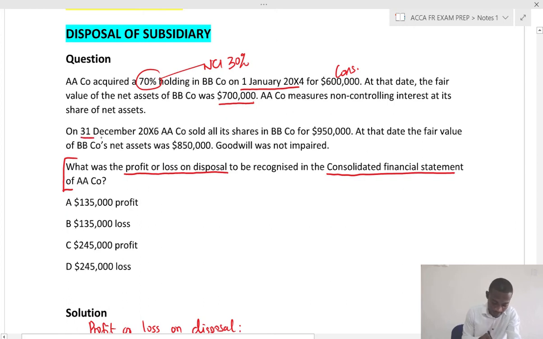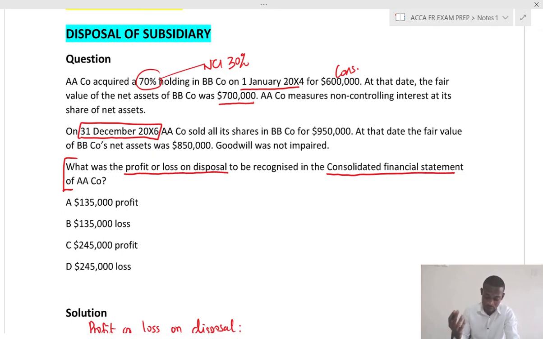Now on 31st of December 20X6, so 3 years after acquisition, there is no time apportionment to deal with here. AA sold all its shares in BB for 950, and this is the proceeds.